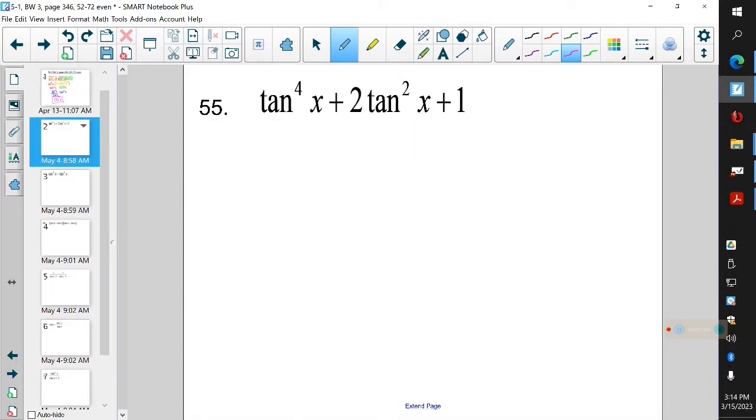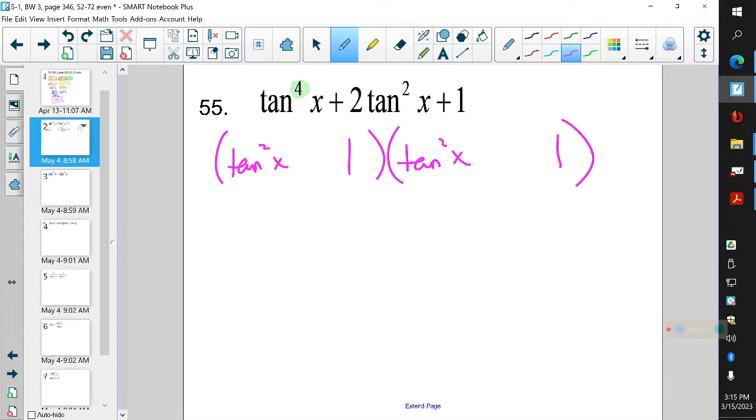Now 55 has exactly the same instructions. These instructions say to factor and then use the trig identities. Well, this is a trinomial. This trinomial needs to be broken down into two binomials. So how do I split up anything to the fourth power? That's going to be tan squared of x and tan squared of x. How do I split up 1? That's a 1 and a 1.